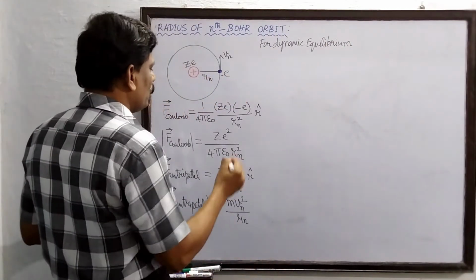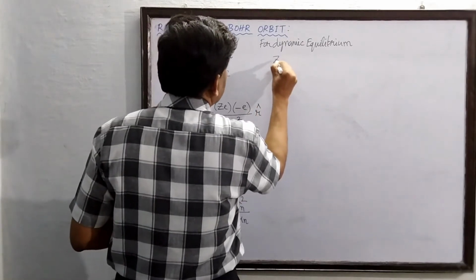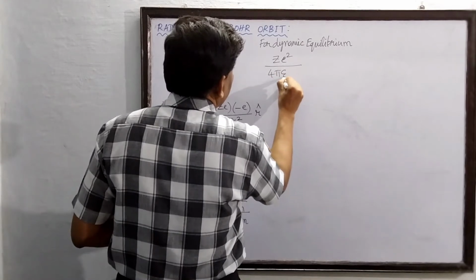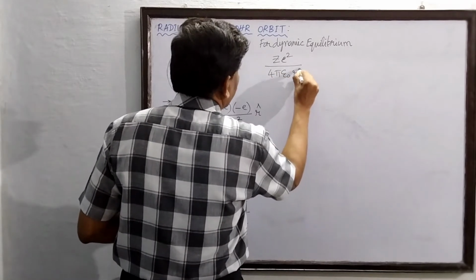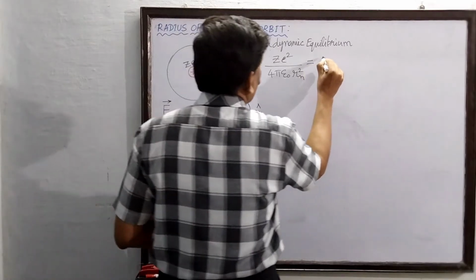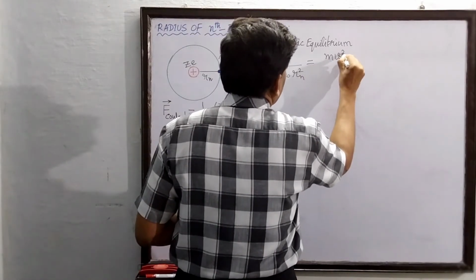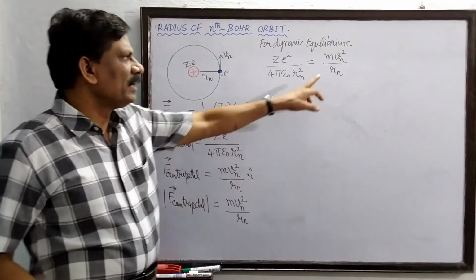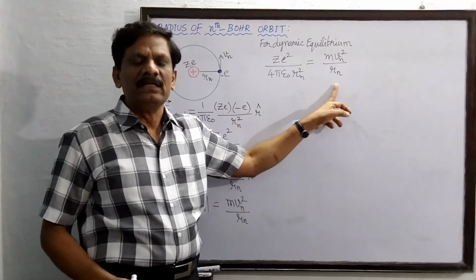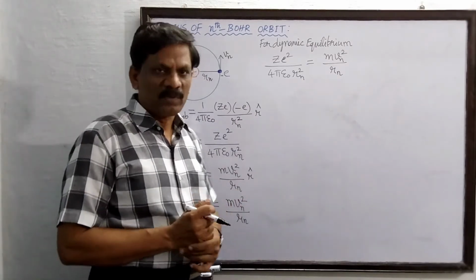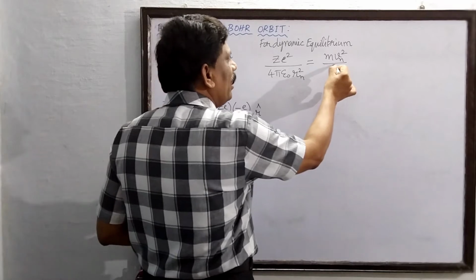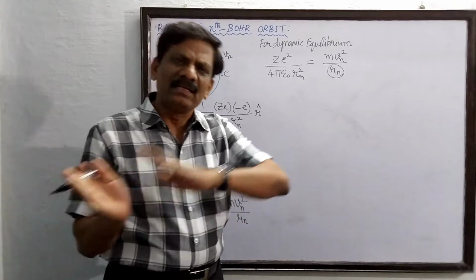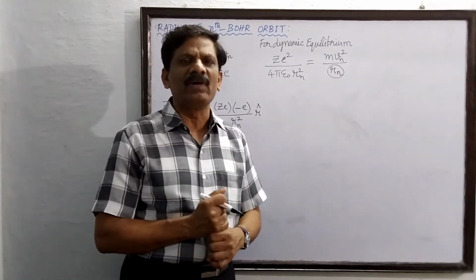Therefore I will write Ze square divided by 4 pi epsilon naught into r square, which is now equal to mv square divided by r. We need an expression for the radius of the nth orbit, Rn. Here is how you have to proceed: shift only this Rn term to the left hand side and all other terms to the right hand side. That is a clue for the next step.